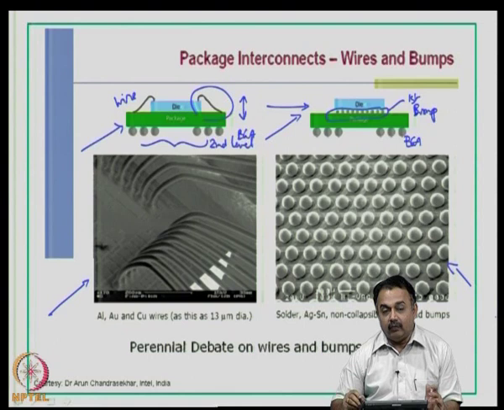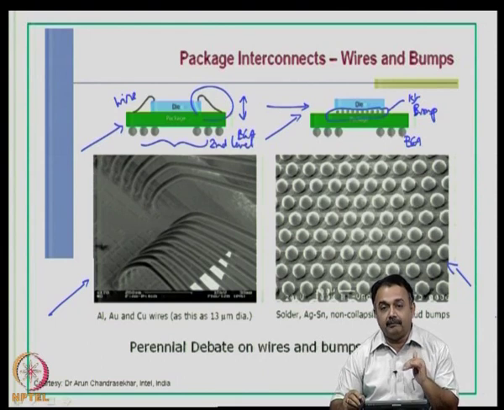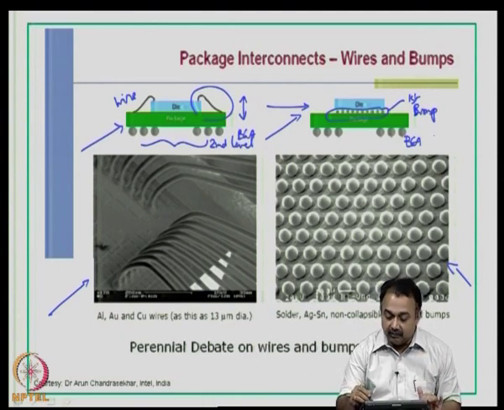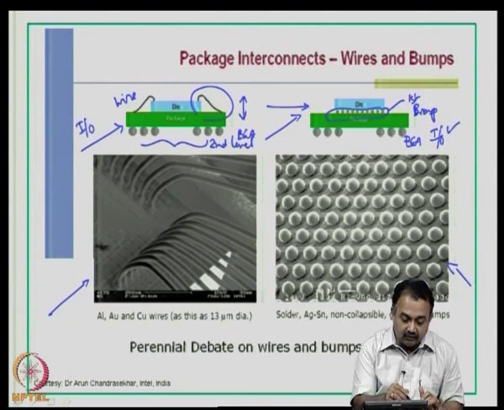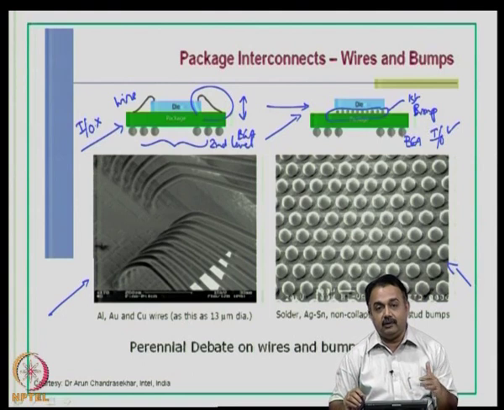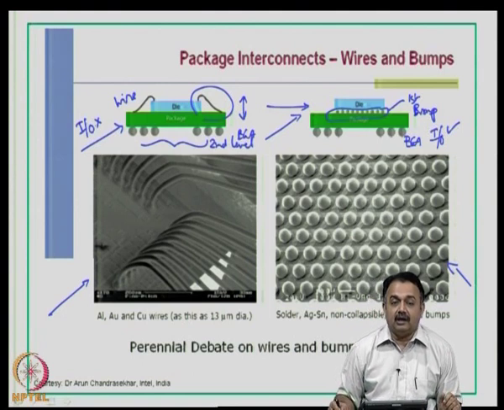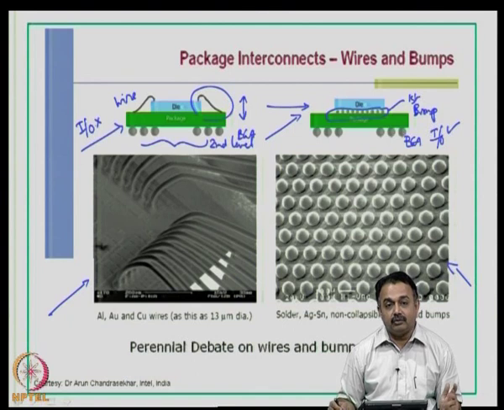So, the wires will obviously give you peripheral attachment, you can't do an area array attachment, whereas in the bump you can do a complete area array attachment. Obviously, the number of IOs here can be larger compared to the number of IOs that you can generate here. So, like this you can find out various benefits in terms of bare die in a solder bump format with a BGA compared to a wire with a BGA. So, again it depends on the number of IOs.